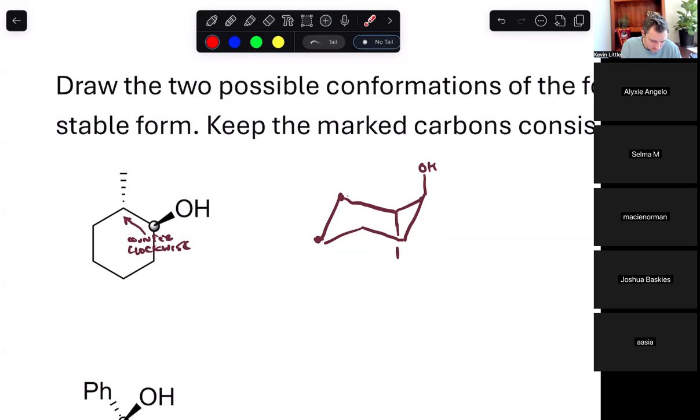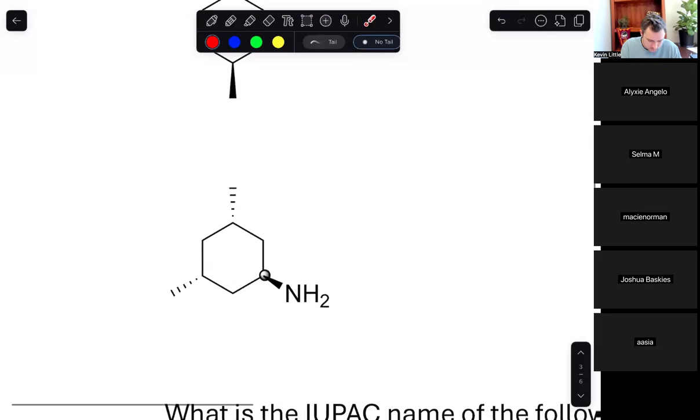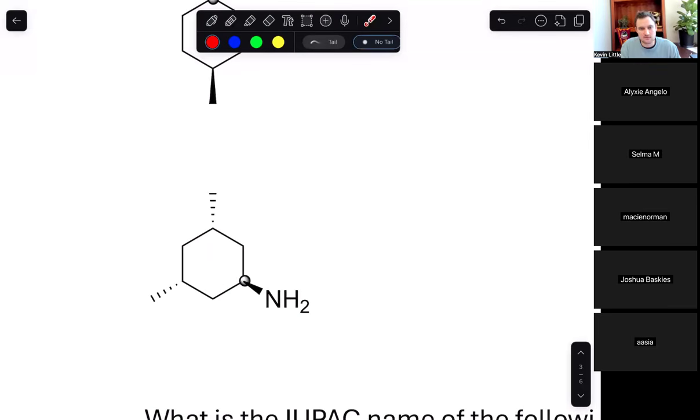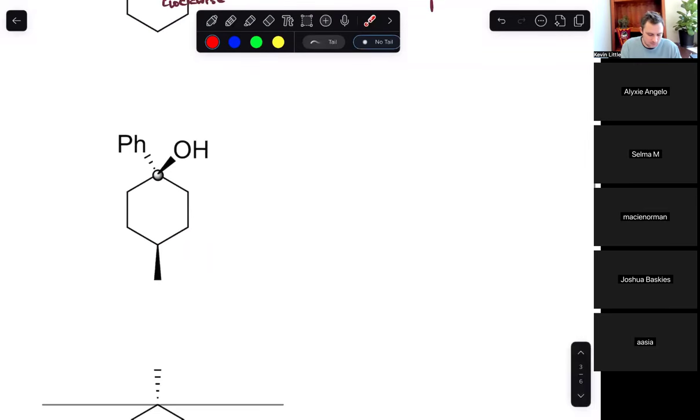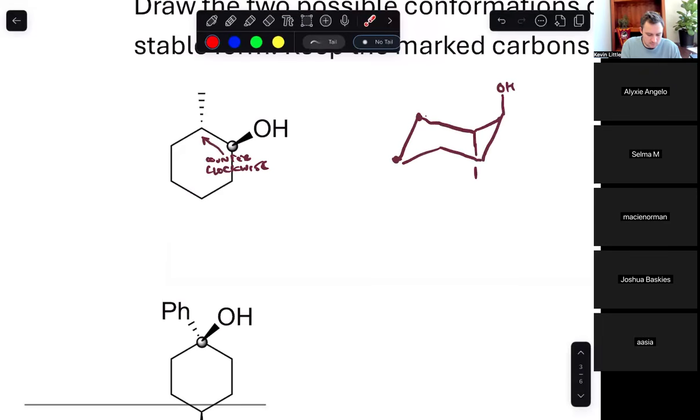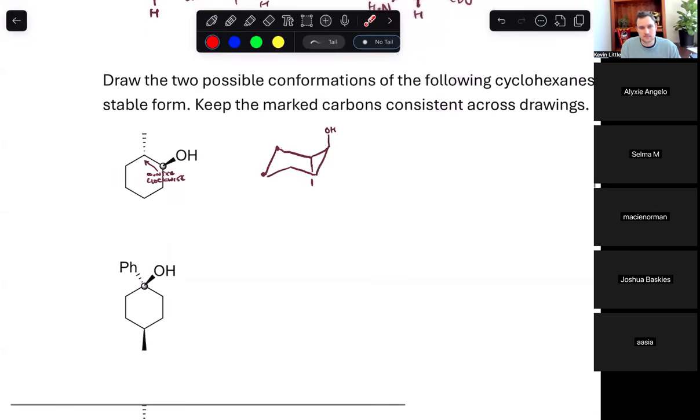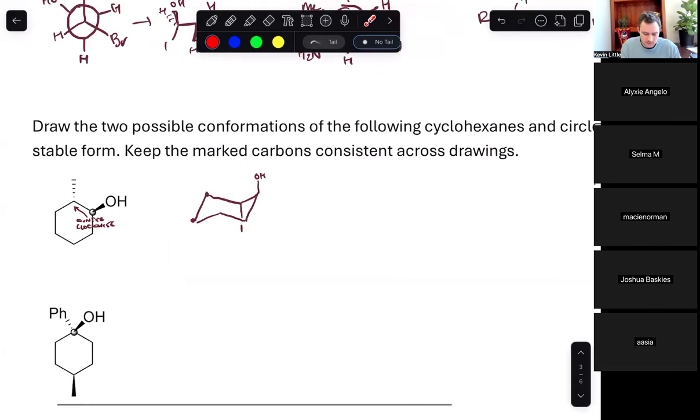I guess it's not really a big deal with any of these questions, but it can get kind of confusing. If I gave you this methyl instead of the OH, you need to make sure that they have the right orientation, either clockwise or counterclockwise to each other when you do this. Again, this is a place where I could give you A values.